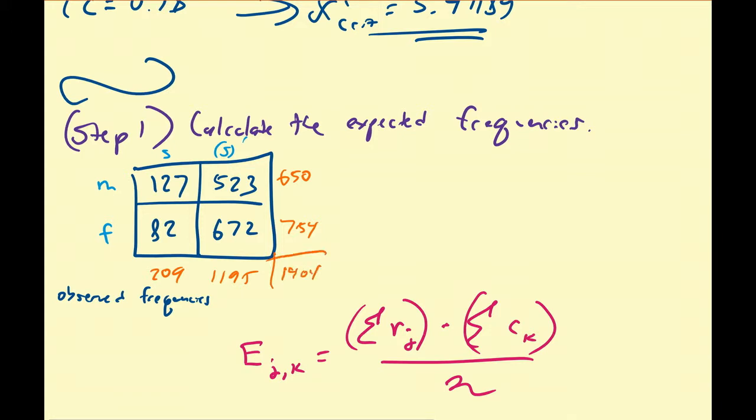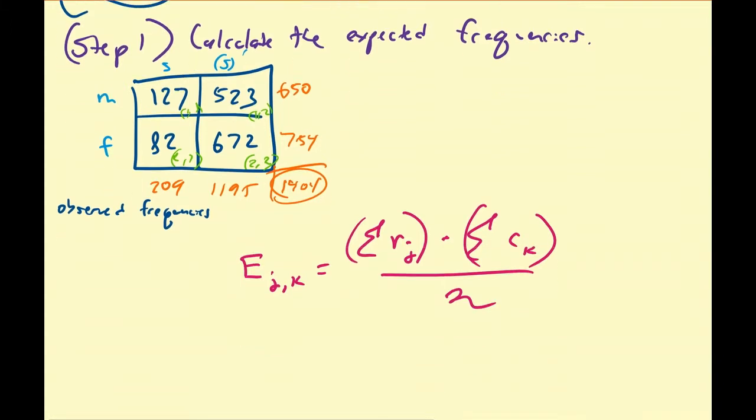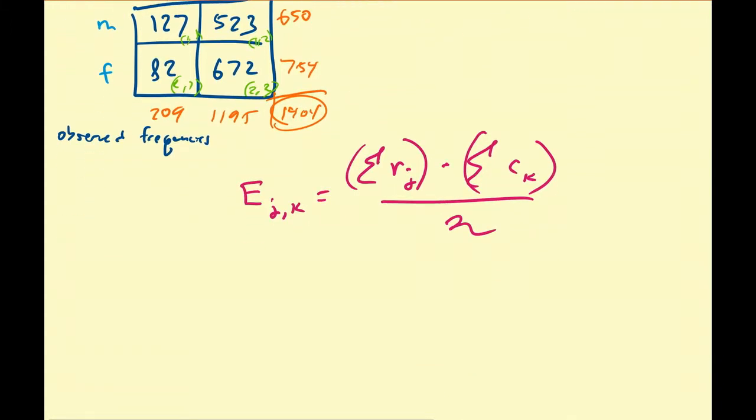We're going to refer to these cells as row 1, column 1, row 1, column 2, row 2, column 1, and row 2, column 2. So 1,1, 1,2, 2,1, and 2,2. All right, so we're going to calculate our expected frequencies here, which I'm going to abbreviate by E_JK.